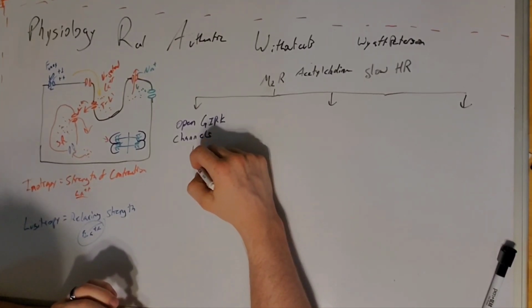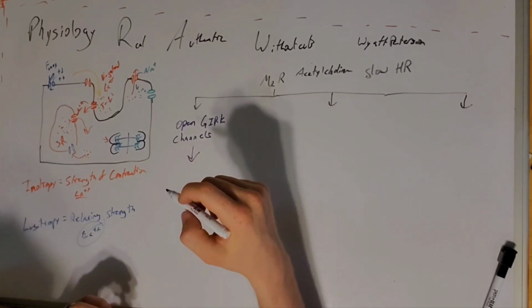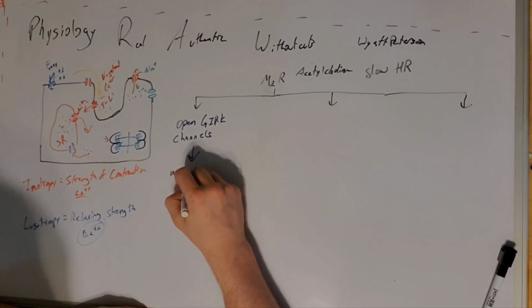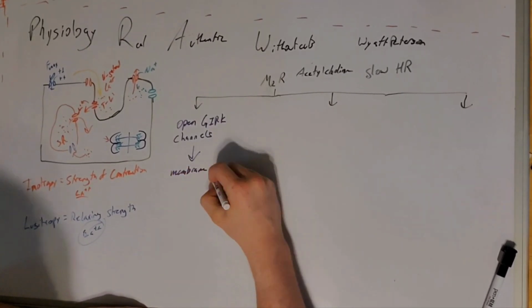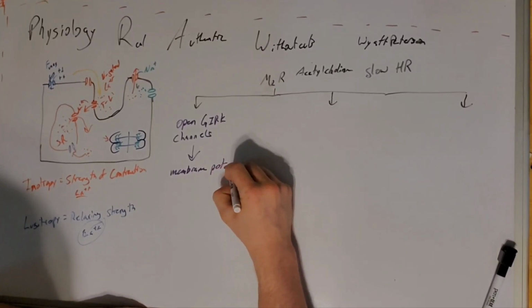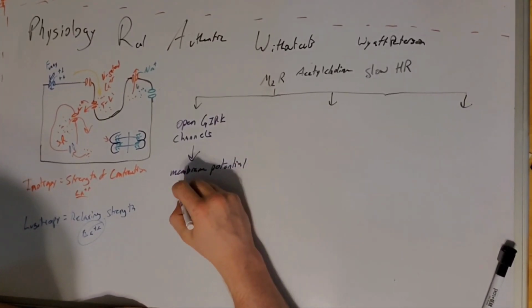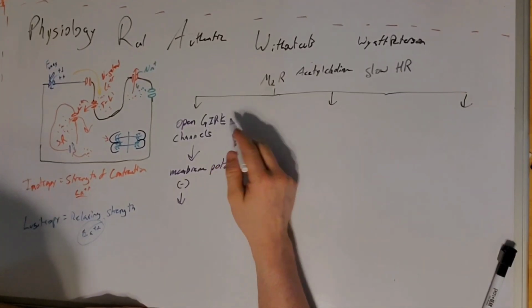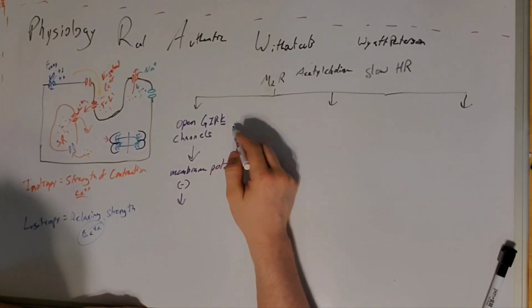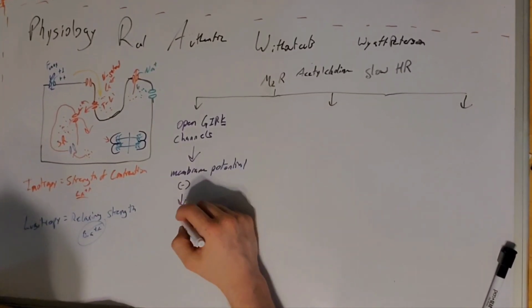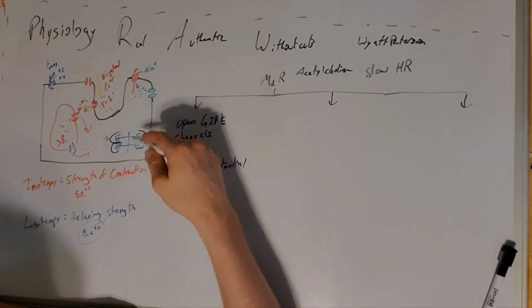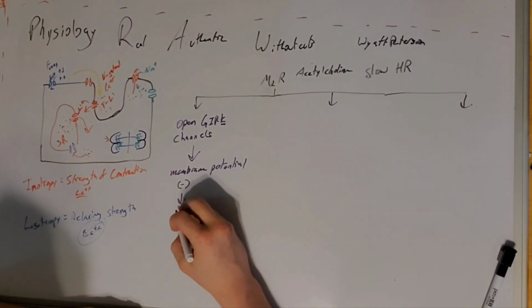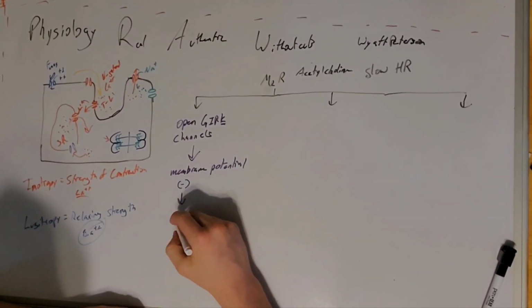So that means it's going to make the membrane potential more negative, because it's opening up potassium channels that want to leave the cell. So if the membrane potential is more negative, then it's going to be harder to make a contraction. So heart rate goes down.